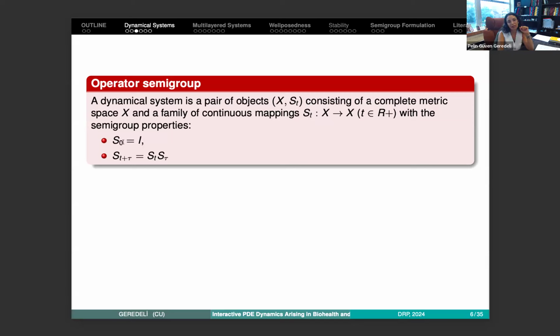For example, applying S(0) to u(t) means u(t plus 0), so this is an identity operator, and S(0) u(t) means u(t). Or if you apply this operator to, for example, u0, it gives u0 plus t plus tau. So at every time, your trajectory or solution moves to a different time. That's the reason we call it an evolution. Your state position is changing with respect to time.